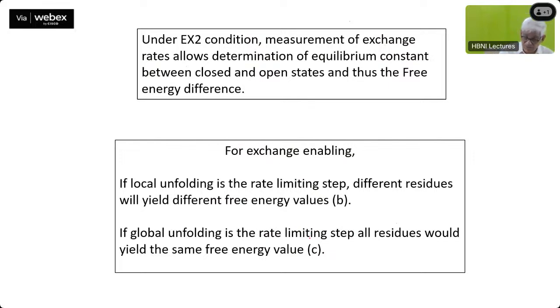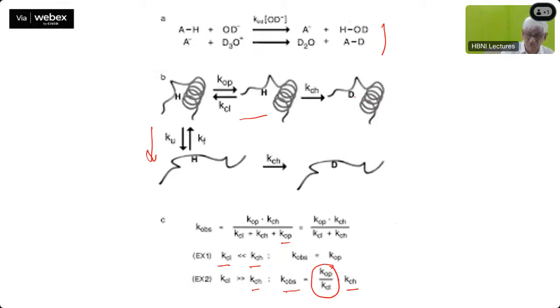If global unfolding is the rate limiting step, all residues would yield the same free energy value. That is, if you have this mechanism which is going down here, then you will see the same exchange rate for all of them. Therefore, you can figure out what is the mechanism of unfolding. How does the protein unfold? Does it go via the local unfolding mechanism, or did it go by the global unfolding mechanism for the protein to exchange?